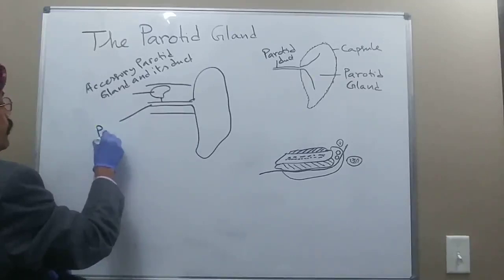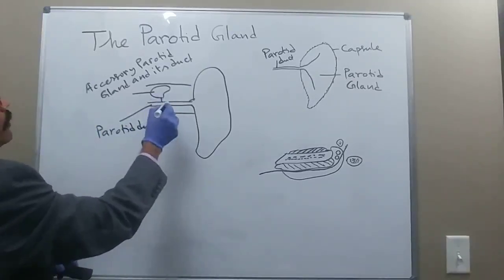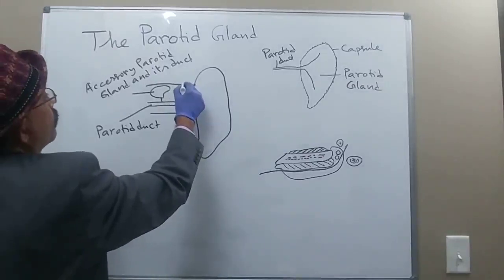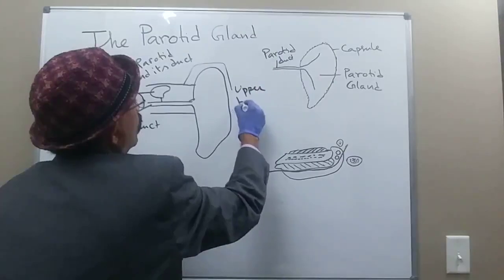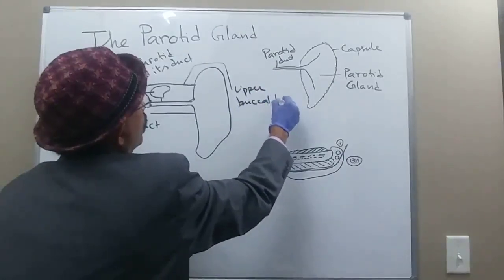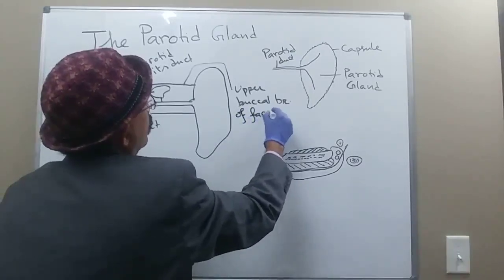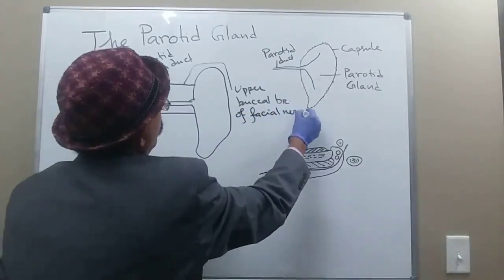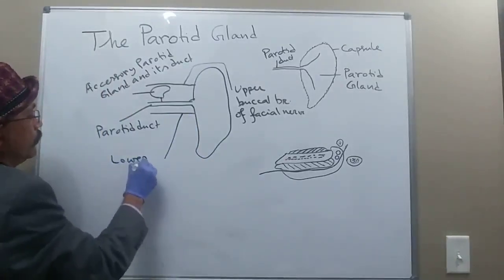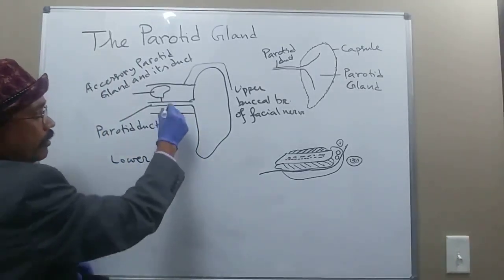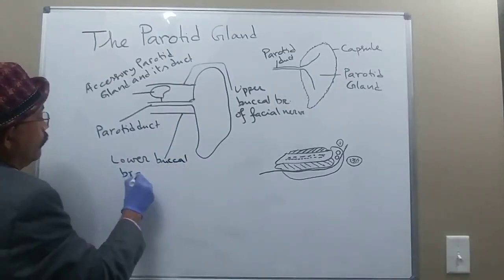Suppose this is the parotid duct. This is the upper buccal branch of the facial nerve. We have the lower buccal branch of the facial nerve below the parotid duct.